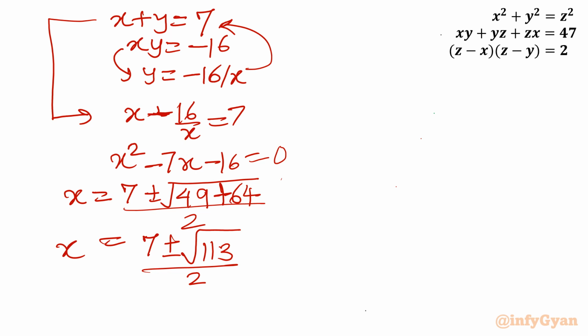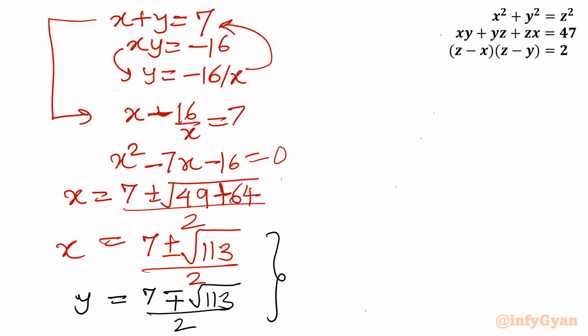Now I will consider x plus y is 7 in this case. Now let's find y. If it is plus, then y would be minus plus square root 113 over 2. If you simplify using that method, z will come out 9. So if I write our solution set, then x would be equal to 7 plus minus square root 113 over 2.